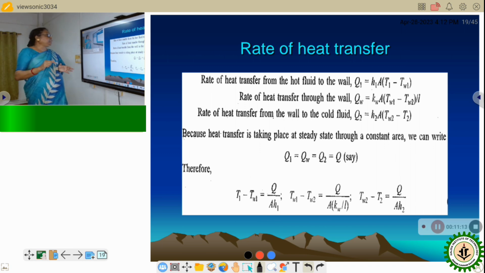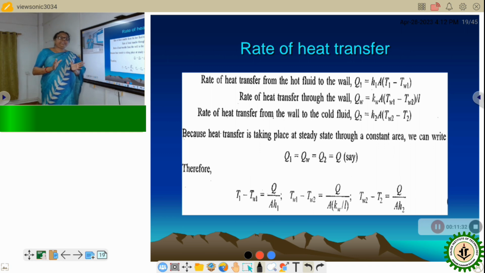And the rate of heat transfer from the wall to the cold fluid is given by small h2 into capital A into TW2 minus T2. Because heat transfer is taking place at the steady state condition through a constant area, we can relate these equations as capital Q1 is equal to QW is equal to Q2 is equal to Q.